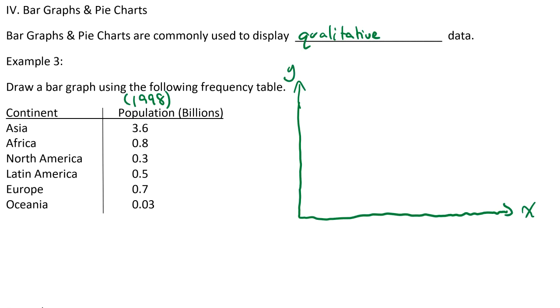So first thing that we're going to need to do is label three things. We're going to have a title. For our title, it could just be something like population by continent.